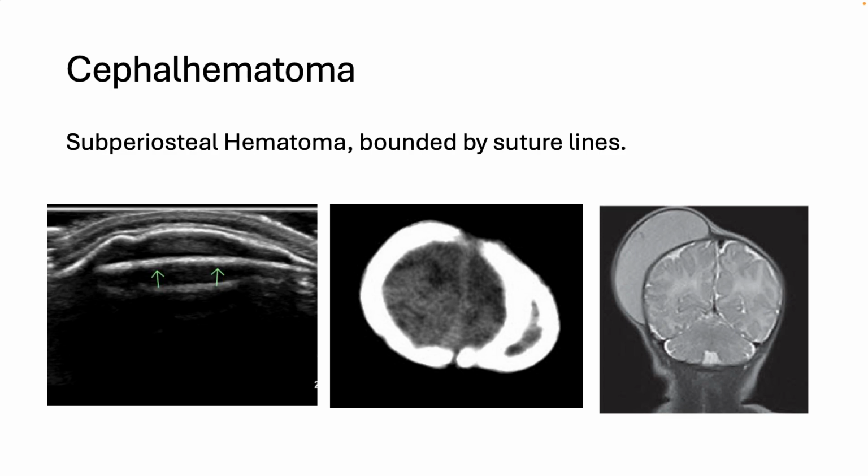So the thing to understand is a cephalhematoma will never cross a suture line, whereas a subgaleal hematoma or caput succedaneum will cross a suture line. At least for exam purposes, they will definitely give an image which is crossing the suture line if they are testing that, because that is how we differentiate these three from each other.